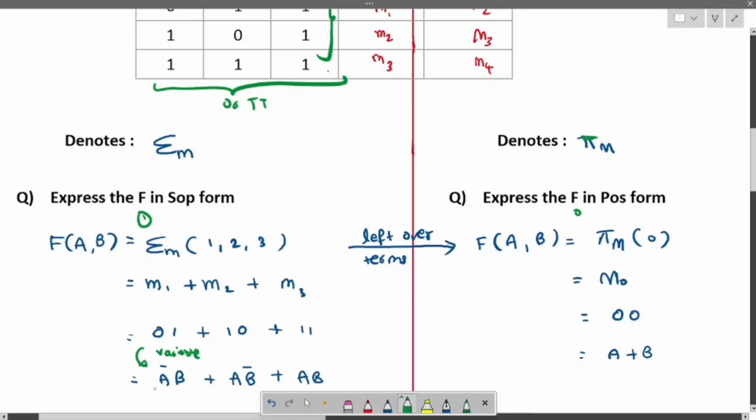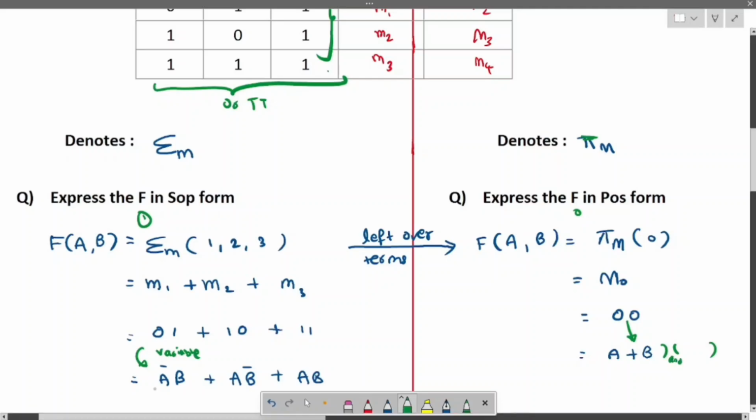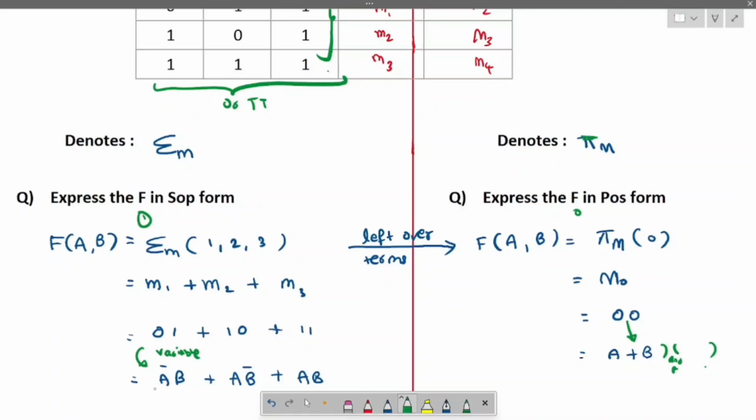Convert to the variable format. Here we will get the plus, and the extra terms in terms of AND, nothing but product of sums. I hope you got the idea on minterms and maxterms.